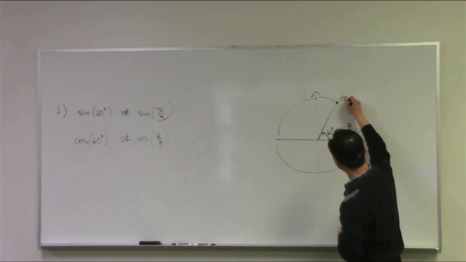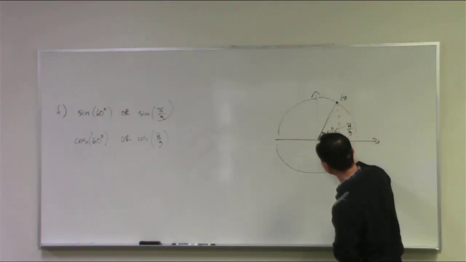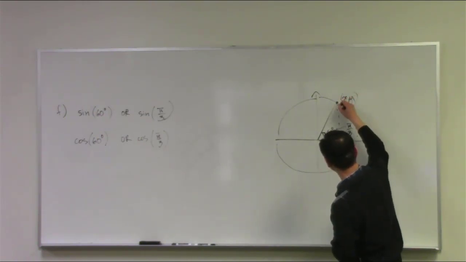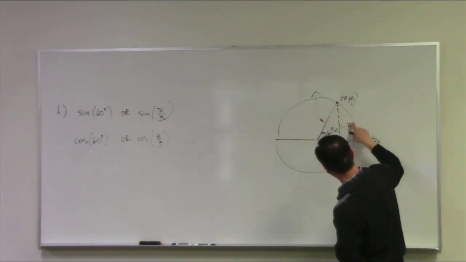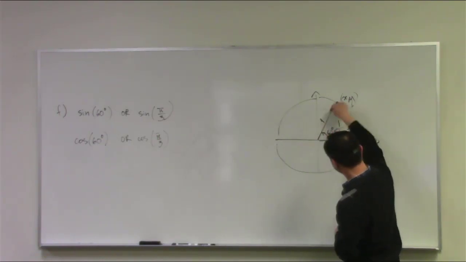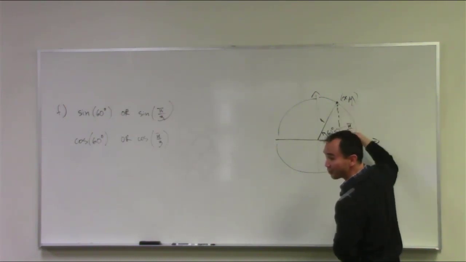There's the x coordinate, which is this distance, and the y coordinate for your terminal point, which is this right here. And the radius is 1. So pi over 3, or 60 degrees, is just how much opening up. Your radius is right here, and you're still looking at a right triangle.